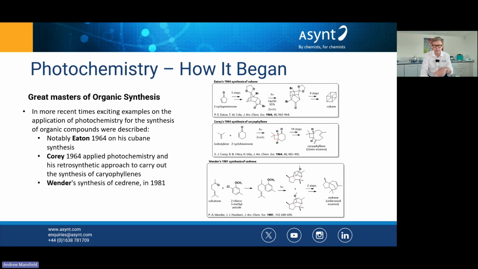You can see they're all from a good 40 years ago, so this technique's been used for a while. But what you can see from these reaction schemes is that from relatively simple starting materials, we're building incredible complexity in a very small number of steps. And that's where photochemistry on small molecule synthesis can really help us, developing that complexity in reduced synthetic routes.